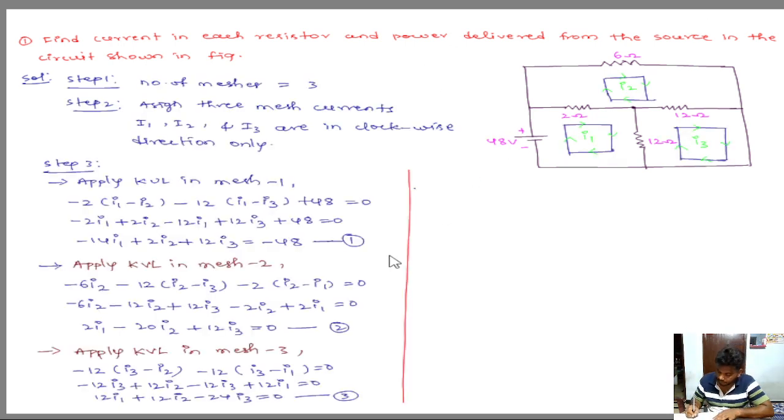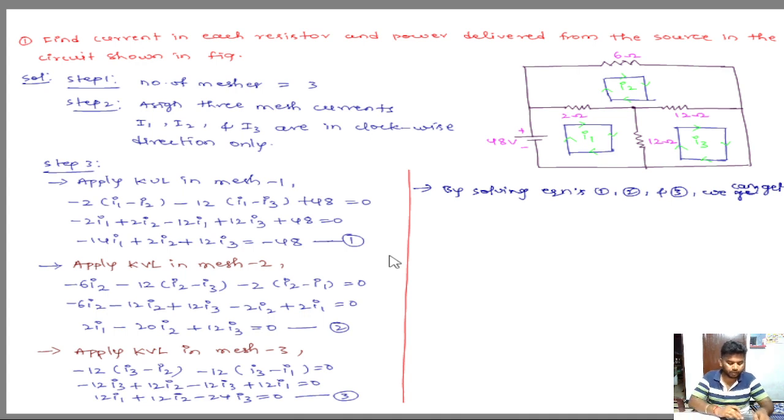Therefore, by solving equations 1, 2, and 3, we can get the I1, I2, I3 values. Use the calculator to solve the equations, then we get exact values.